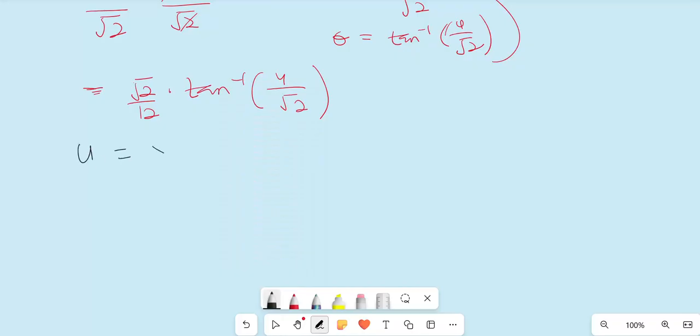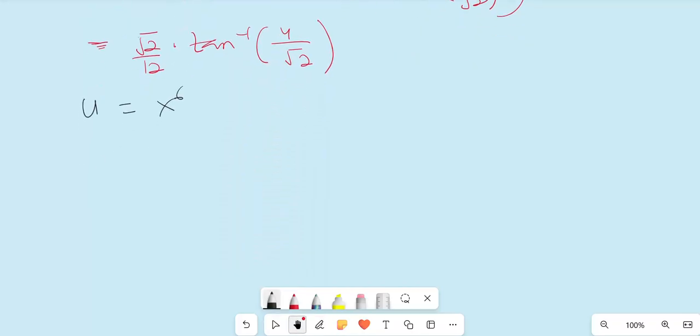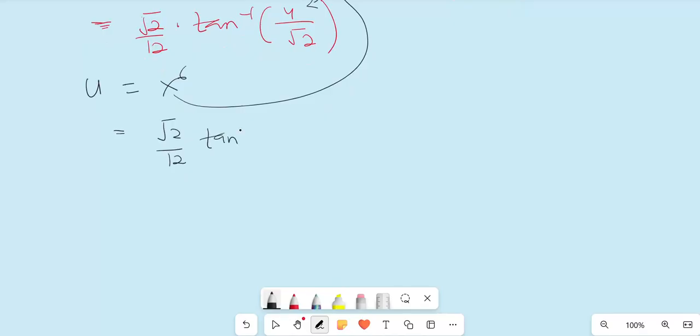We know that u is equal to x to the 6, which you can just plug back in here. And we get our integral. So that should be square root of 2 over 12 the arctan of x to the 6 over the square root of 2.